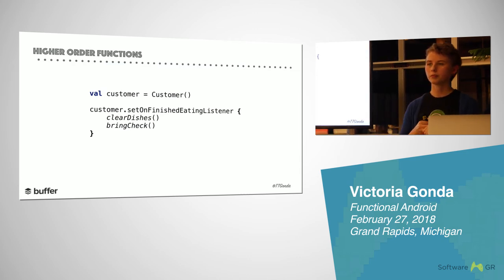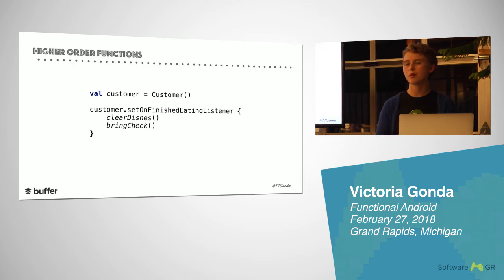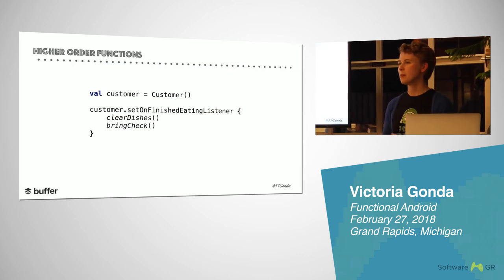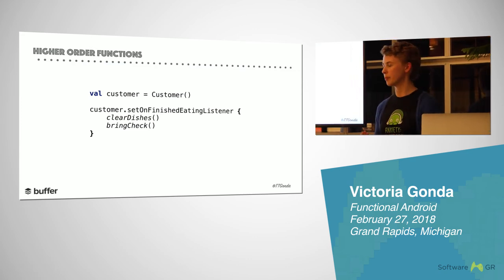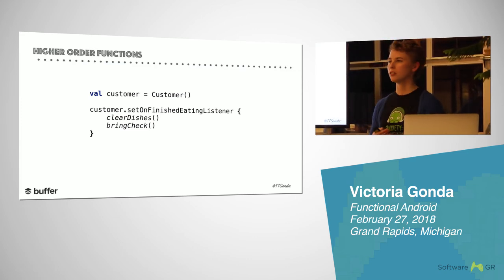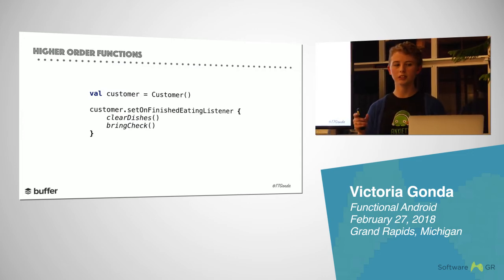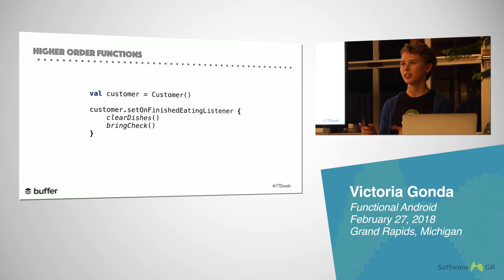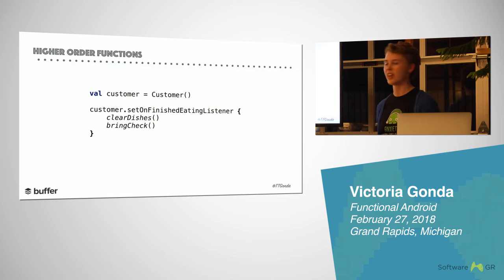So with these, usually it's responding to an event, like a button click, or maybe something being emitted in an RX stream like we saw before. So here's our listener. We don't have to create an unfinished eating listener anonymous class instance with our logic in this method. We're just passing in just the logic that we need. And it's so much cleaner, and you avoid all of that ceremony.